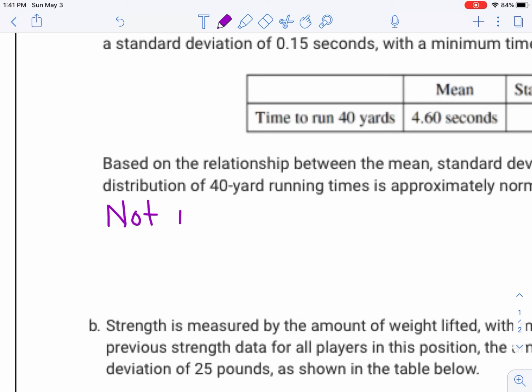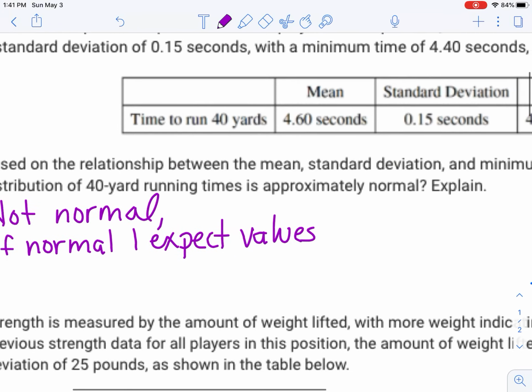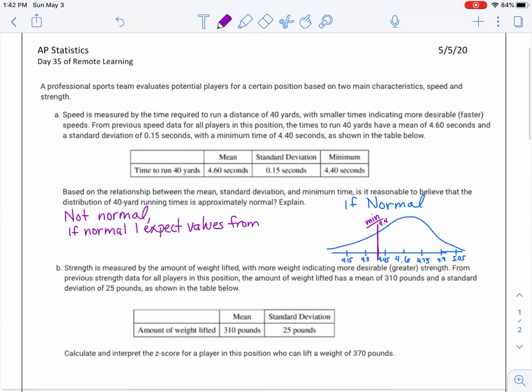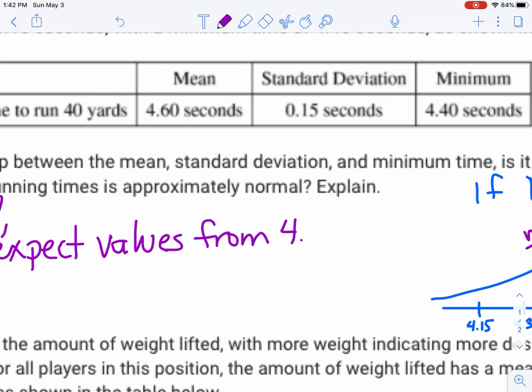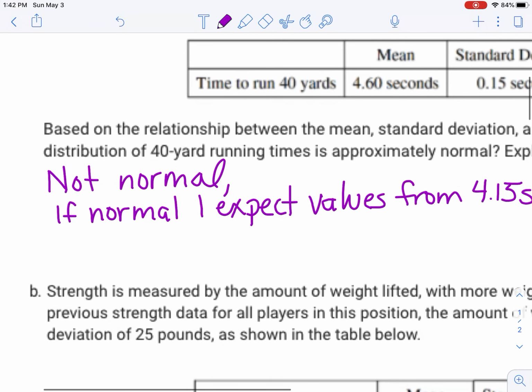not normal. If normal, I expect values from 4.15 to 5.05 seconds.